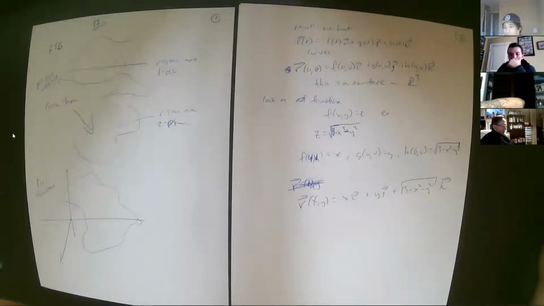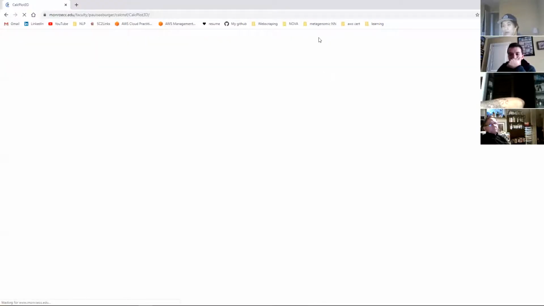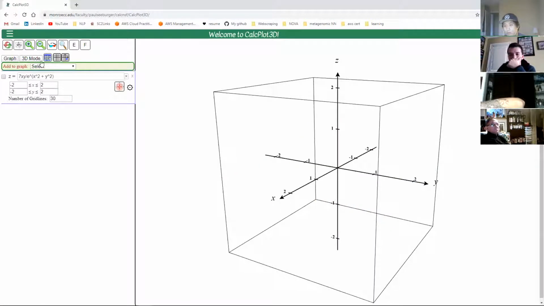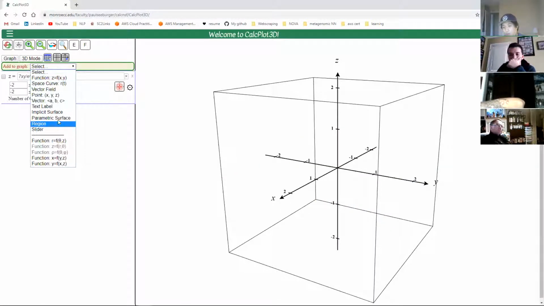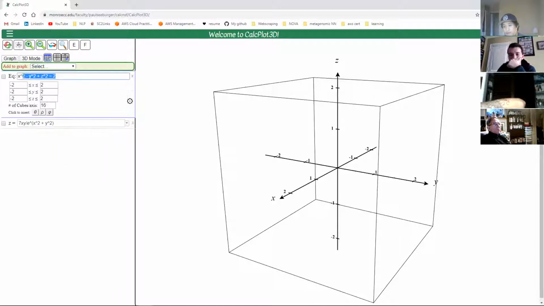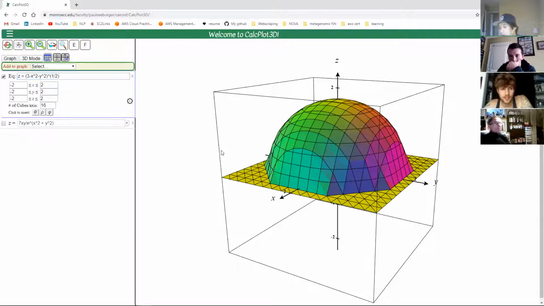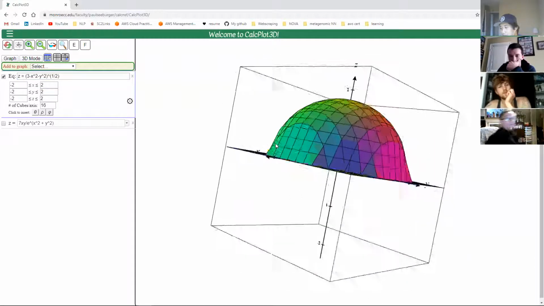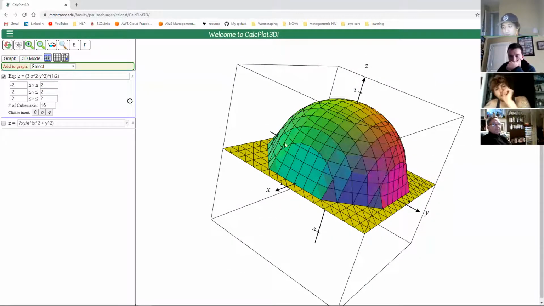So we can draw the surface. This is the top half of the sphere. Z equals 3 minus x squared minus y squared to the 1/2. Top half of the sphere of radius square root of 3 looks pretty good.